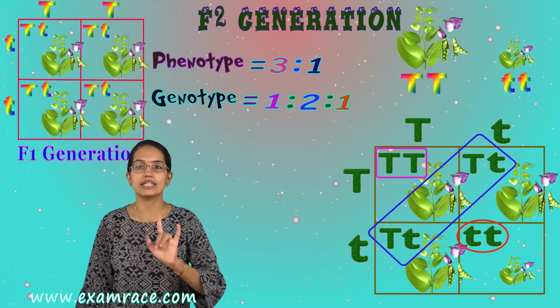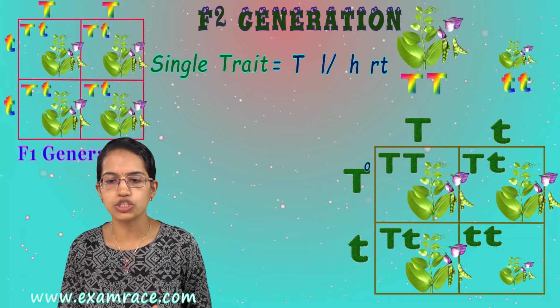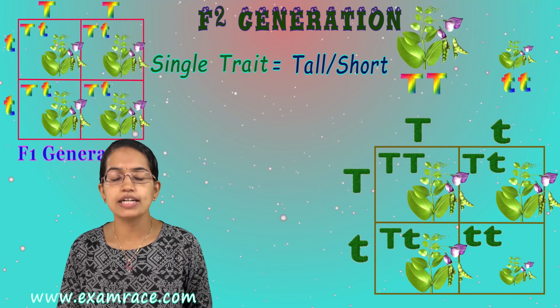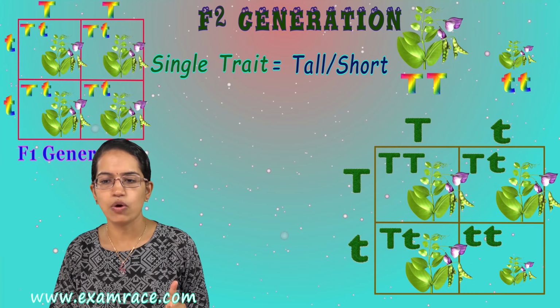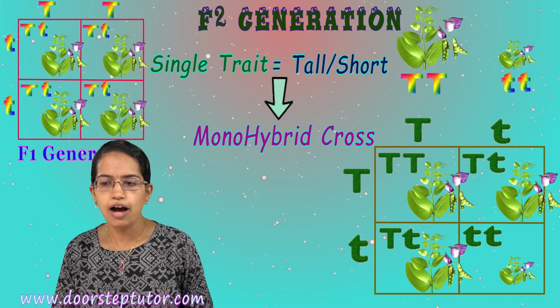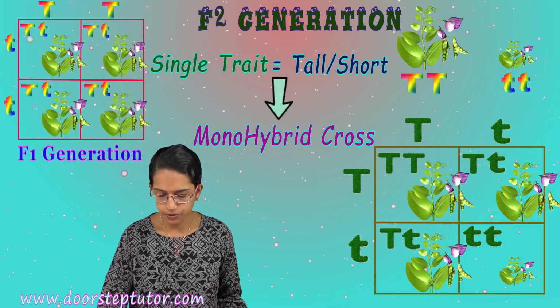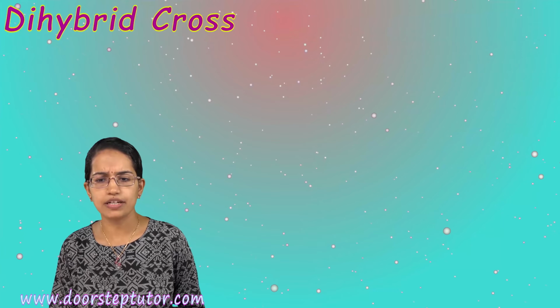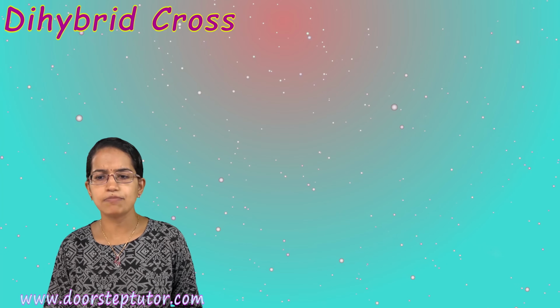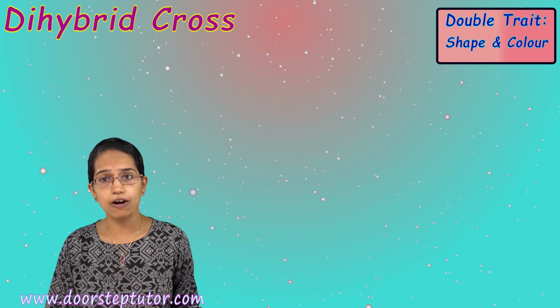But what we considered here was just one trait, and that was tall versus short. Since we are considering only one trait, we call it a monohybrid cross. Now, what Mendel did was, with this, he tried to explain a new concept where he used a dihybrid cross. So he believed, let me take two characters instead of one, and let's see how it proceeds.